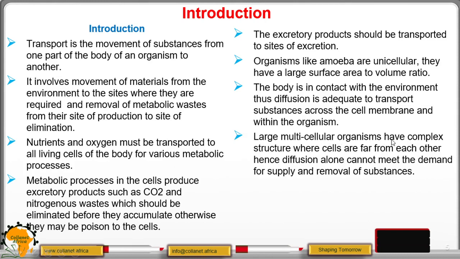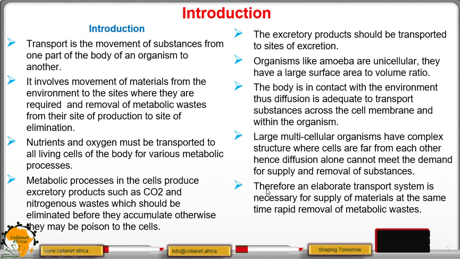Large multicellular organisms have complex structures where cells are far from each other. Therefore, diffusion alone cannot meet the demand for supply and removal of substances. That means an elaborate transport system is important for supply of materials such as nutrients and oxygen, and at the same time, rapid removal of metabolic wastes like carbon (IV) oxide and nitrogenous wastes like urea.